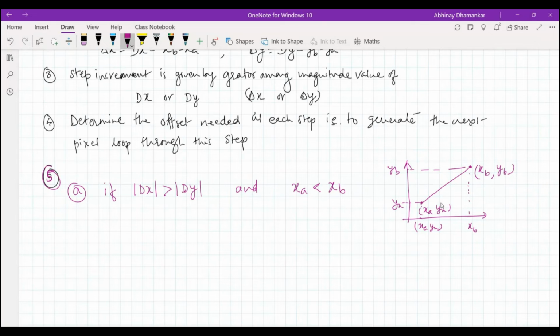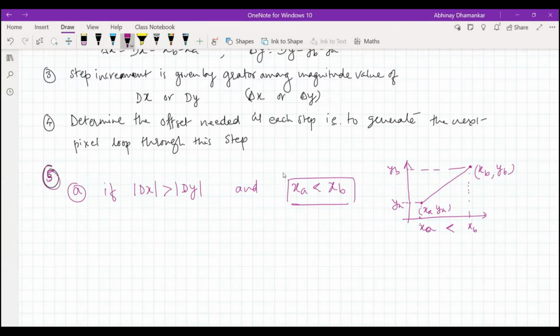Okay, so what does it mean? xa is less than xb, and this is the condition.